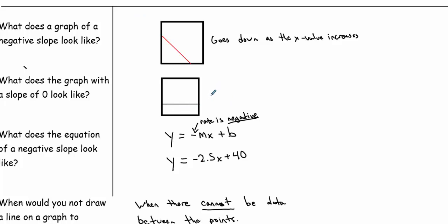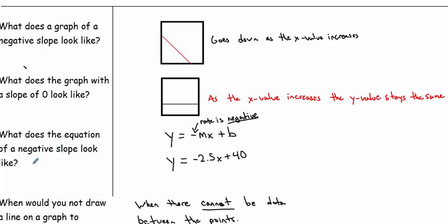And we can say as the x value increases, or decreases, really, as the x value increases, the y value stays the same. It is constant. It stays the same.